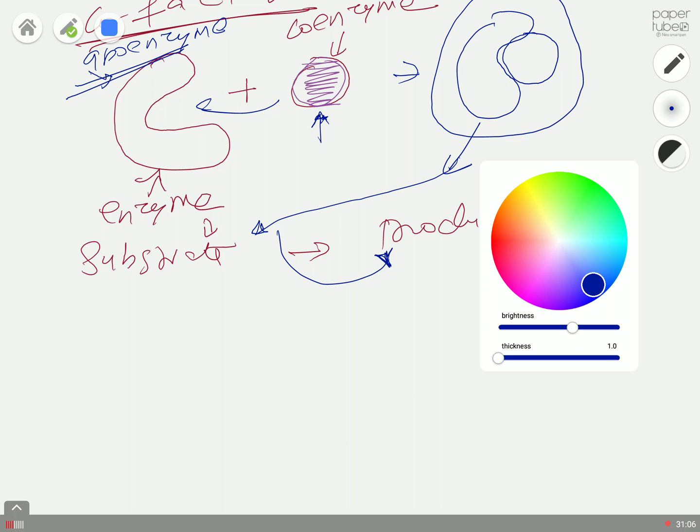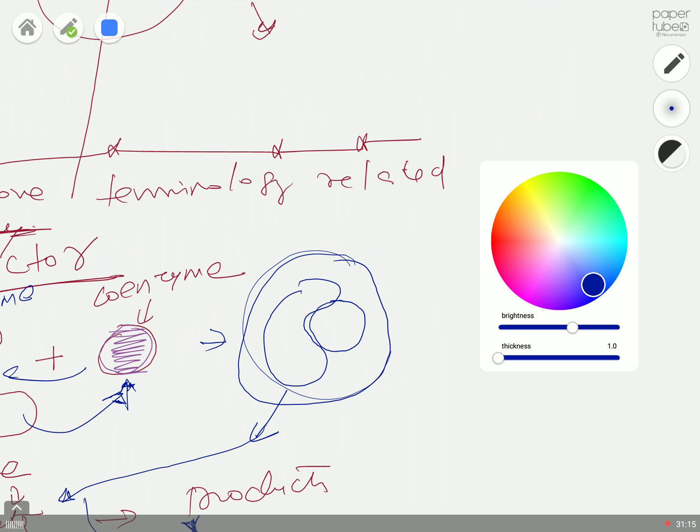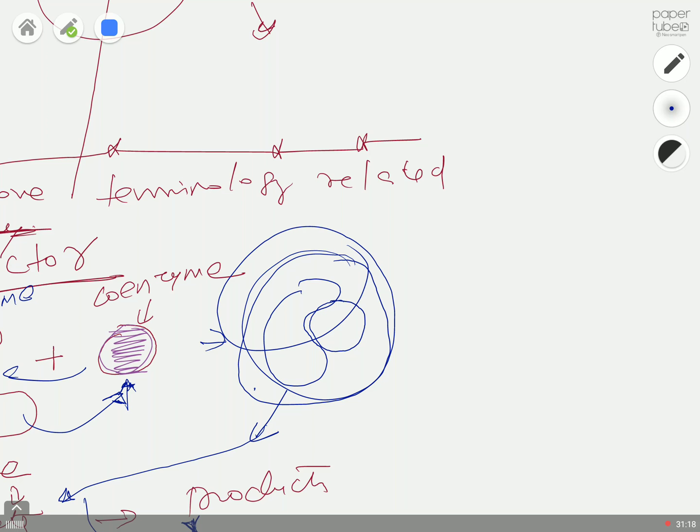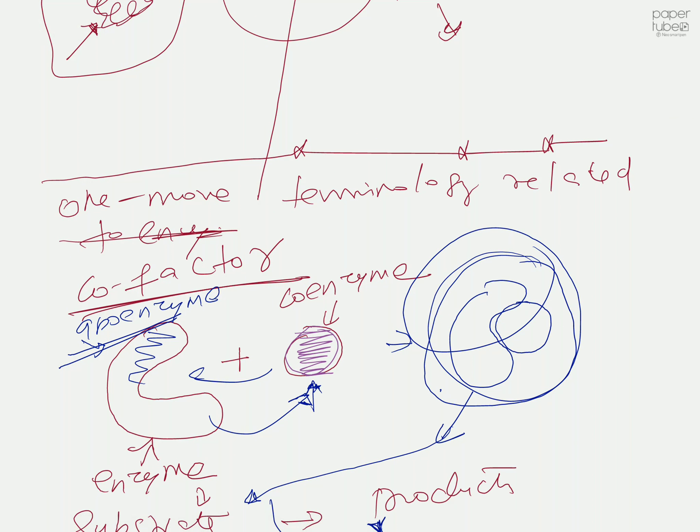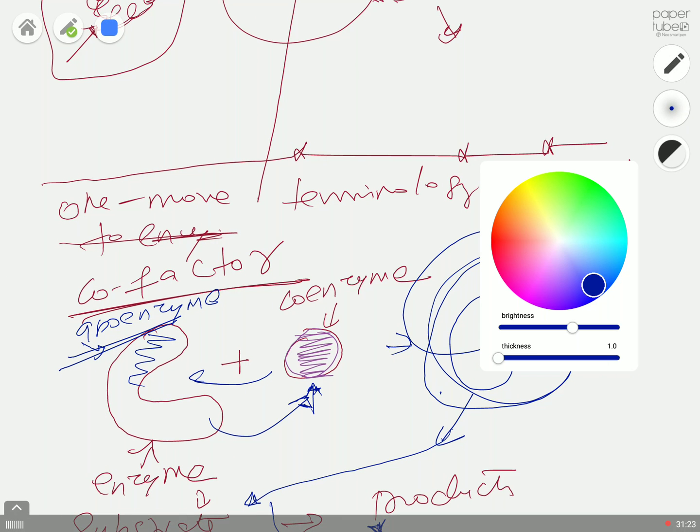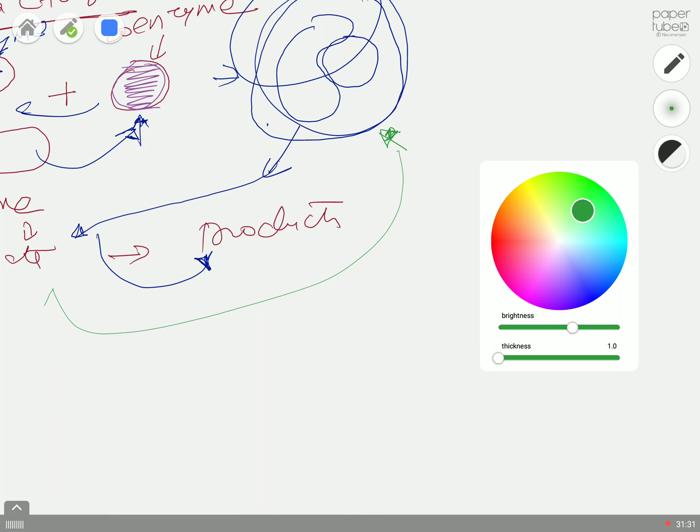So this type of enzyme can bind to a cofactor, and only in the presence of this compound can it convert your substrate to products.